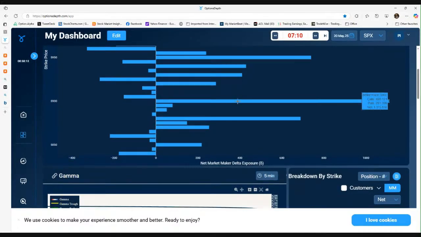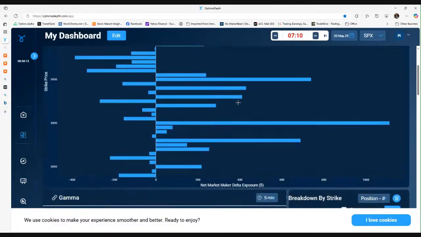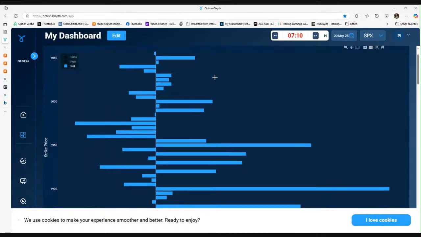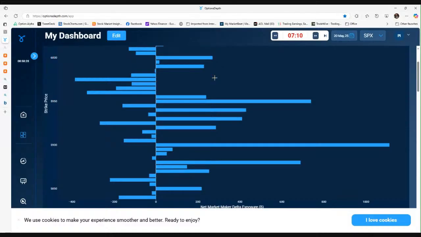So here's where the support potential comes from. Market makers are long delta down here. So as we go down, the deltas get longer and longer, and so that can send us back up. Was that helpful?